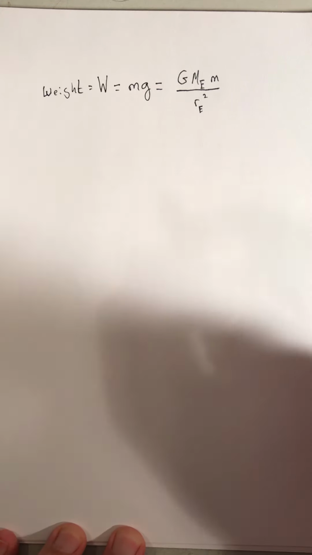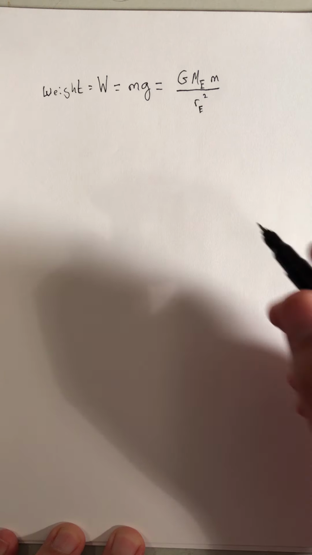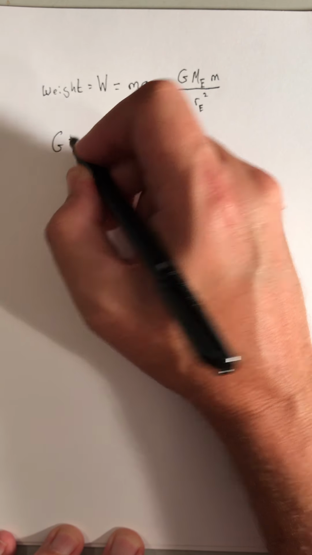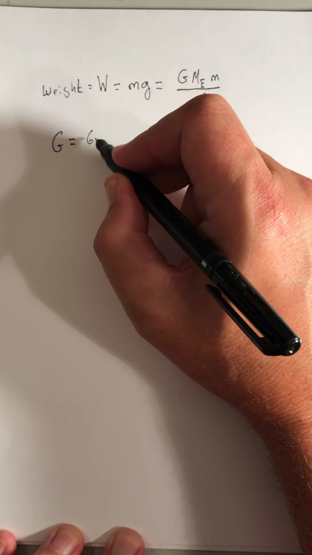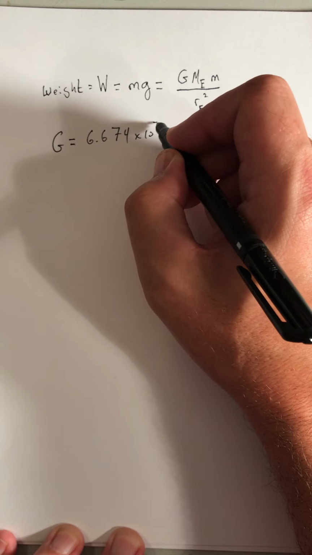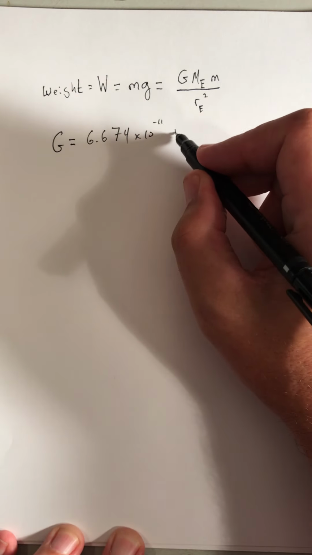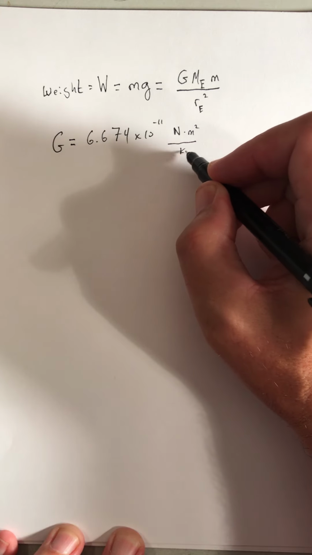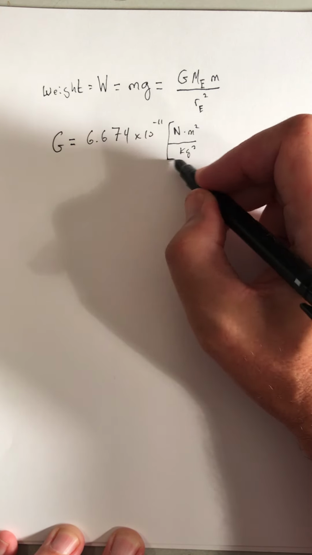Some values. Big G is 6.674 times 10 to the minus 11, and we use that as Newton meter squared per kilogram squared.